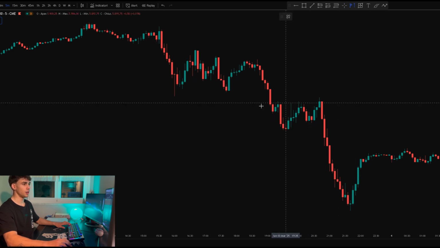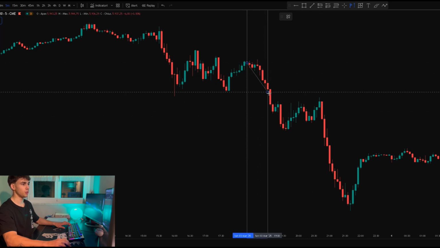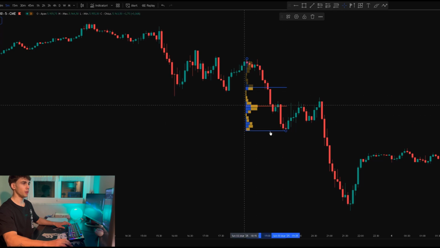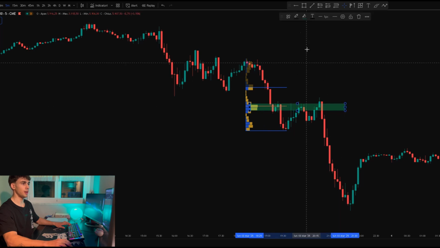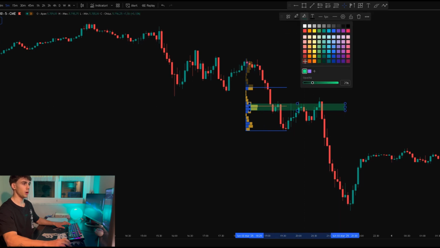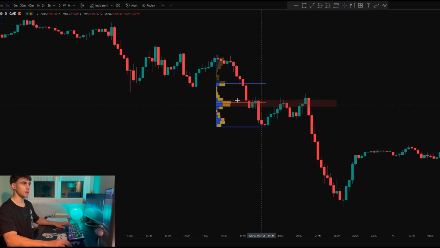Let's say you're here, you missed this entry, and you want to take another one, but how can you know where to enter? You start here from the start of the move to the bottom, and this is your volume profile. As you can see, you take your highest volume area, that is this one, mark it red. You just wait for the price to get back in.